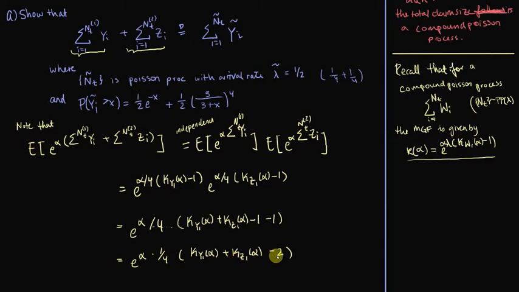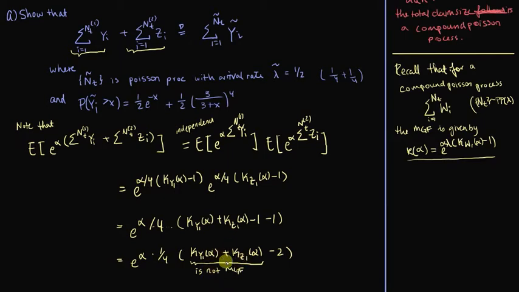However, what I really want in here is something minus 1. I want some kind of moment generating function minus 1. And what we see here is this is not a moment generating function, because this is a moment generating function and this is a moment generating function.